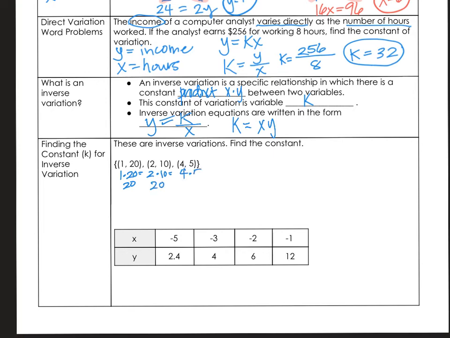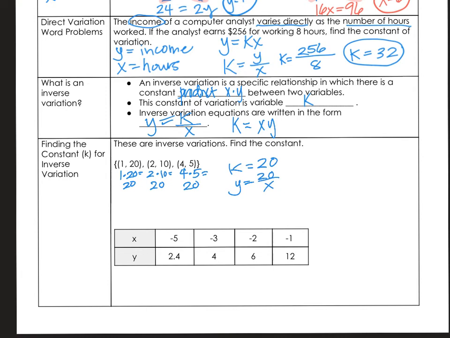Multiply the x value times the y value, and we get 20. So for this first example, our constant is 20. And we would write this in the equation, it would look like this: y equals 20 over x.